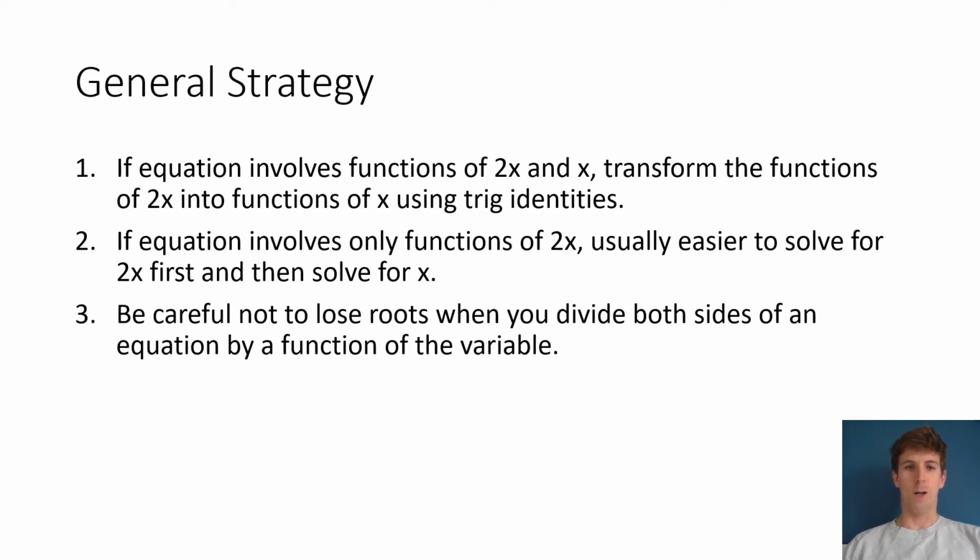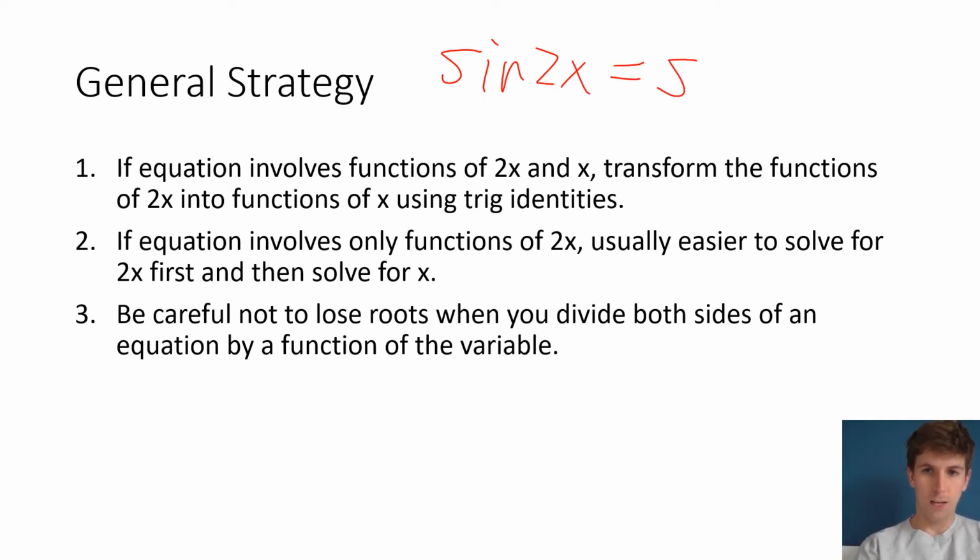This first one: if the equation involves functions of 2x and x. What I would mean by that is if it was like sine 2x equals sine x. That would be an equation that involves functions of both 2x and x.